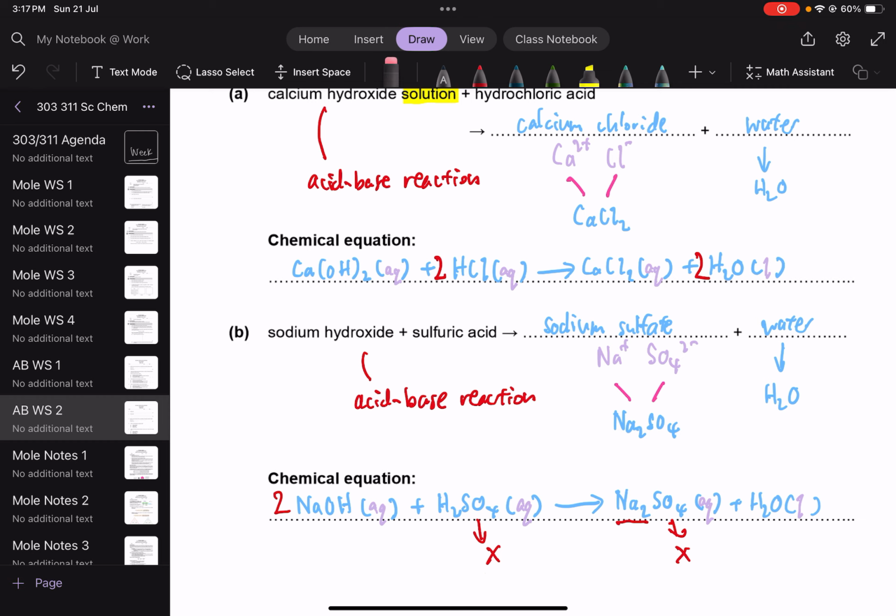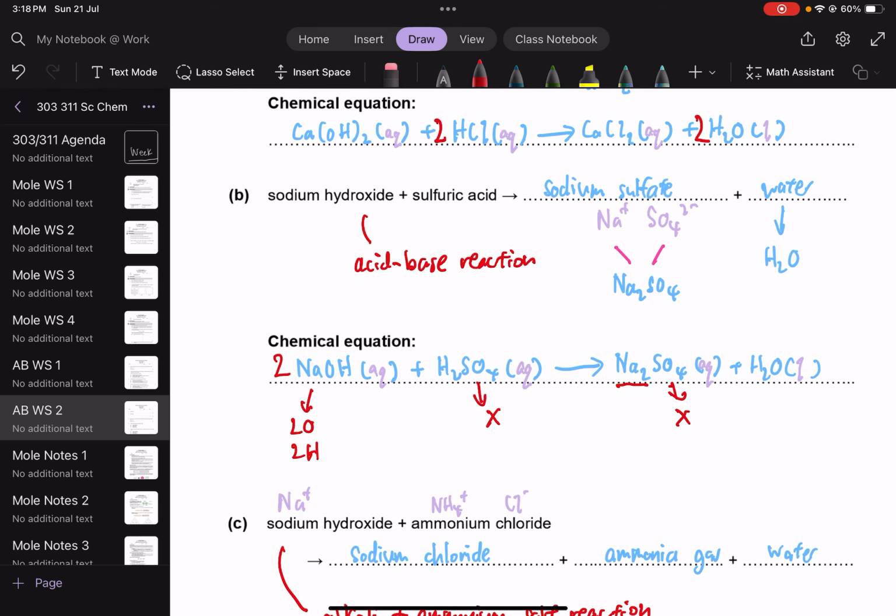So now let's count how many H and O atoms we have left. So here we will have 2O and 2H atoms. Whereas for H2SO4, you're left with 2H atoms. So with a total, you should have 4H and 2O.